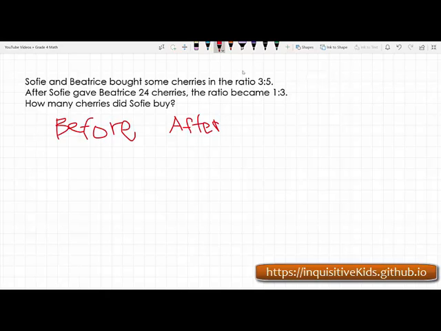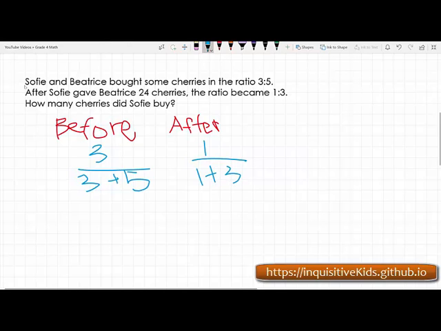We can first write down Sofie's before fraction, which is 3 over 3 plus 5. And the after fraction is 1 over 1 plus 3.